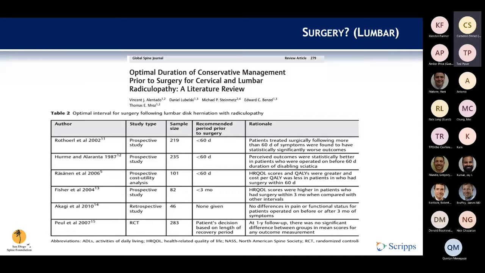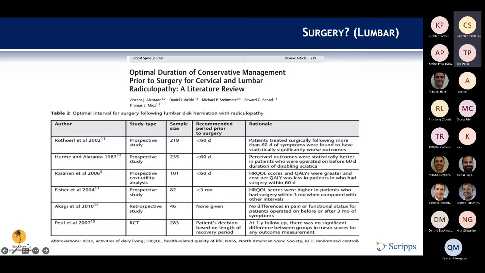This is a literature review, bringing together the optimal duration of conservative management prior to surgery for cervical and lumbar radiculopathies. So all of these different papers they looked at, less than 60 days, less than 60 days, less than 60 days. This was less than 3 months.